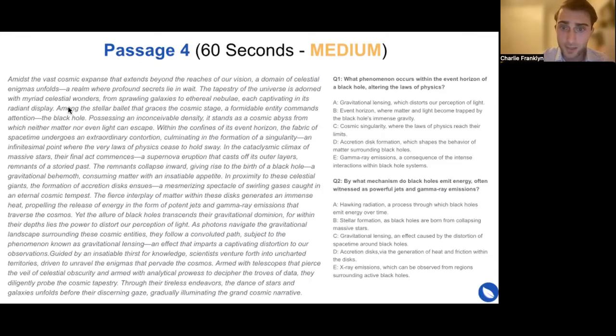Within the confines of its event horizon. And so this part here, which says within the confines of its event horizon, that's kind of like setting the stage for this question. So what phenomenon occurs within the event horizon? So now I'd say whatever's after this information is going to be the answer. The fabric of space-time undergoes an extraordinary contortion, culminating in the formation of a singularity. And so I'd say, okay, singularity looks like the correct answer because it's come after that key question.